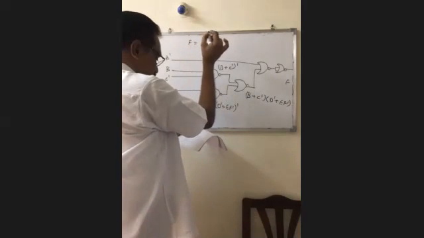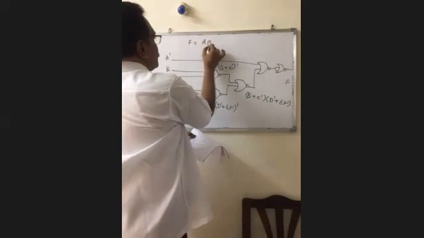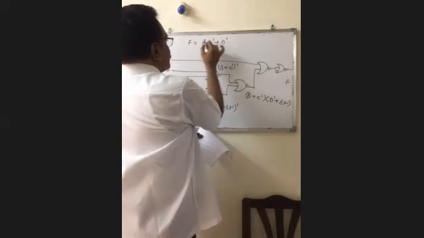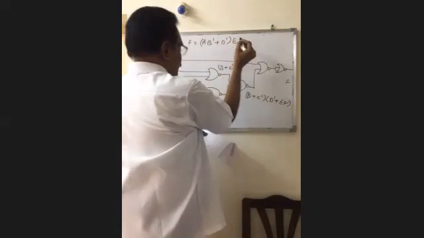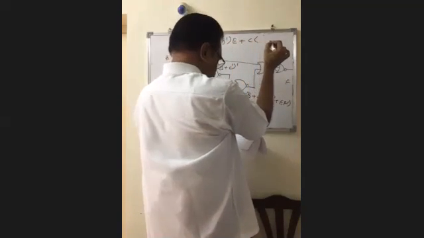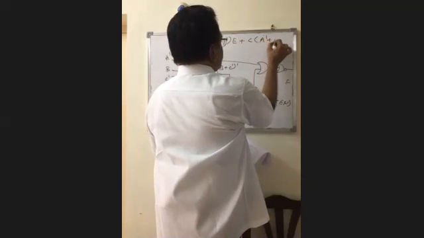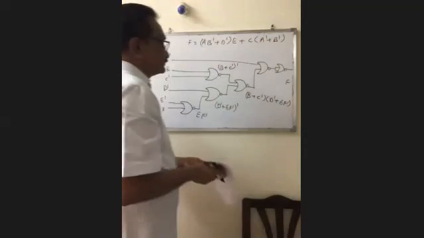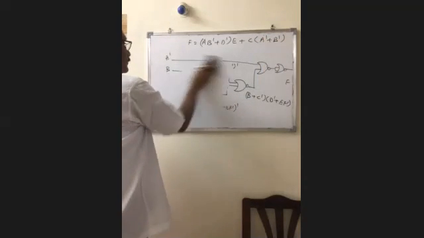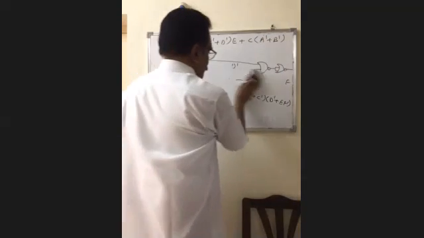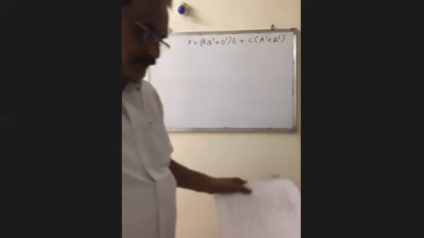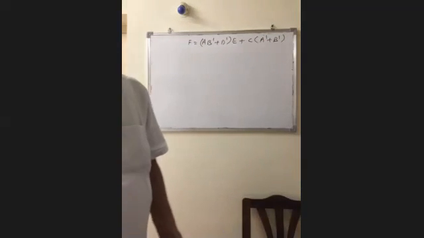F is equal to A B dash plus B dash into E plus C into A dash plus B dash. Realize that one by using only two input NAND gates.